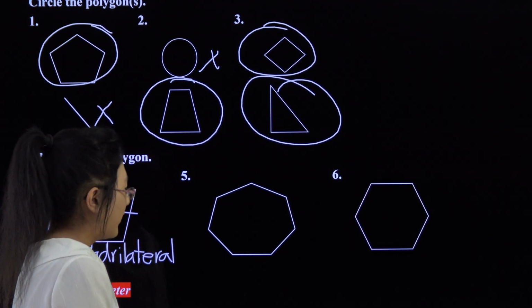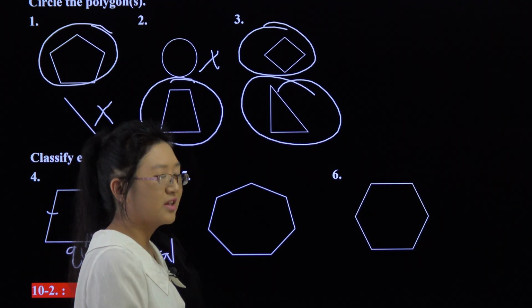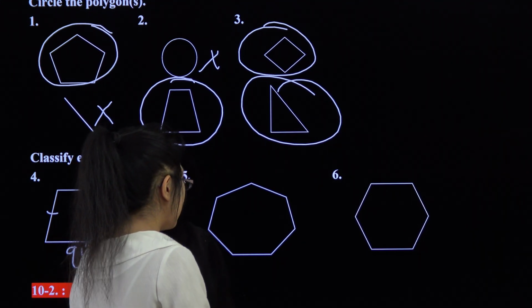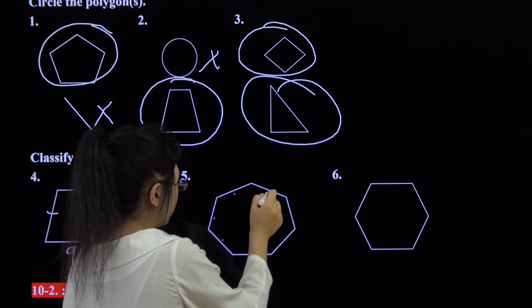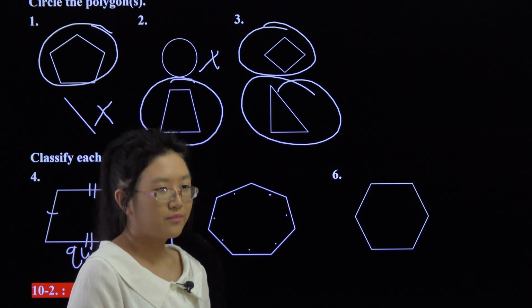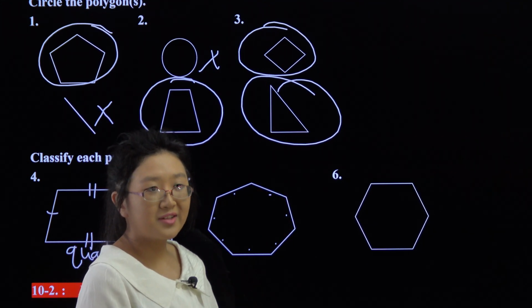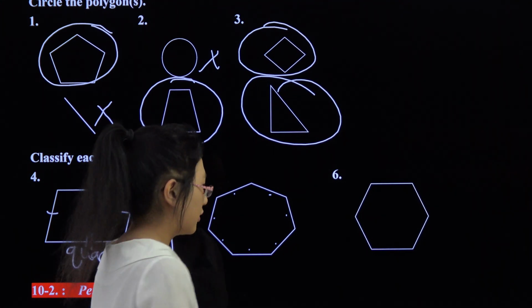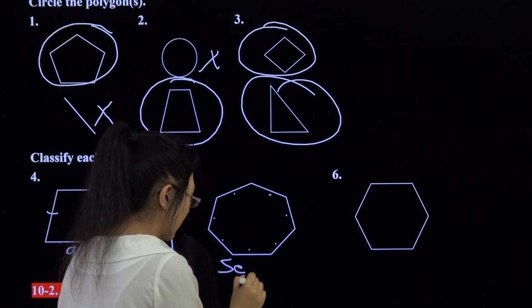Moving on to question number 5. We haven't really seen this one. So let's count the number of sides. 1, 2, 3, 4, 5, 6, 7. 7 sides. What's 7? Septa, or sept. So that's a septagon.